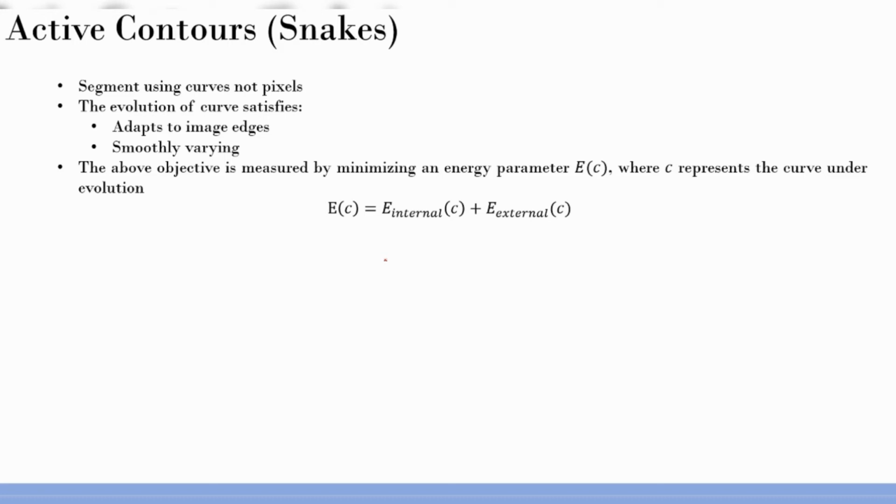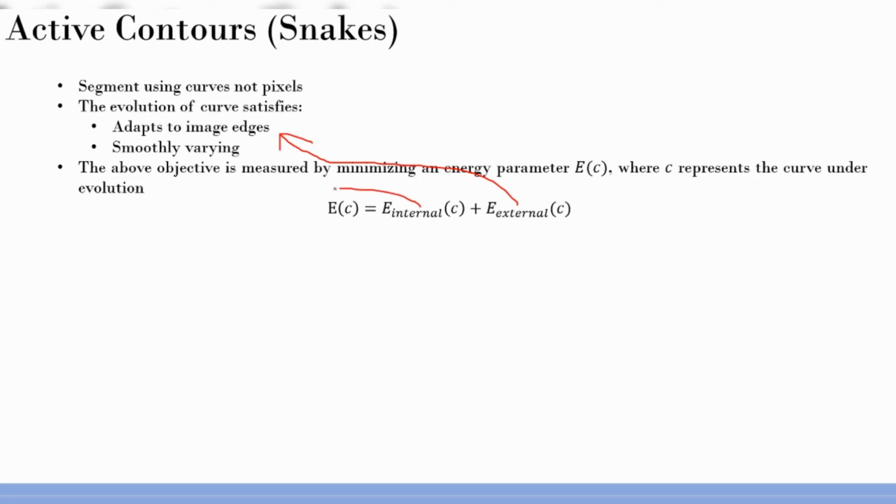So the direction is probably looking at an edge in the image. In the case of the example that I showed, the edge is basically the edge between the finger and the background, right? So that's a significant edge. So the curve should evolve towards that. So the external guy will look for that.